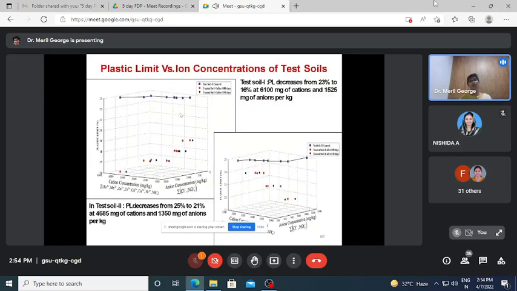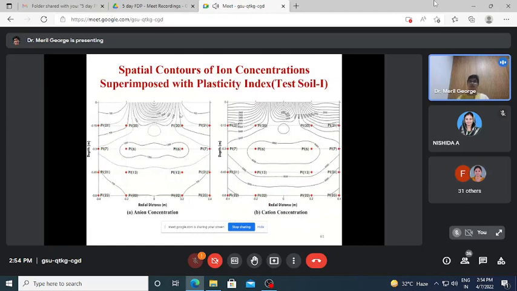In a similar way, I have plotted plastic limit also with respect to ion concentration, cation and anion concentration. Here we can see as anion concentration increases, plastic limit of the test soils decreases. And this shows the spatial contours of ion concentration superimposed with the plasticity index.